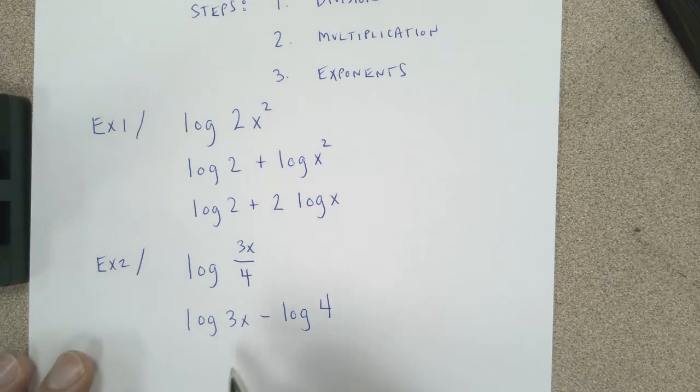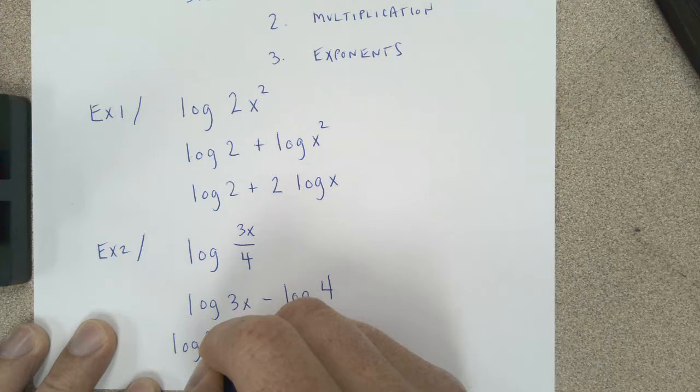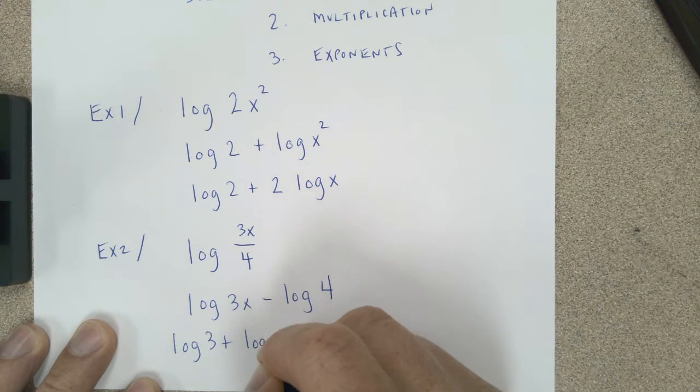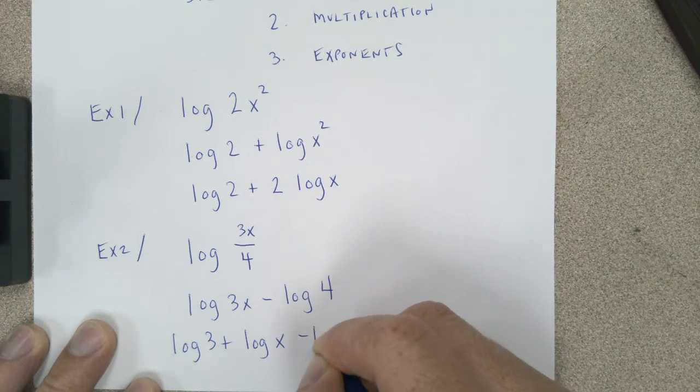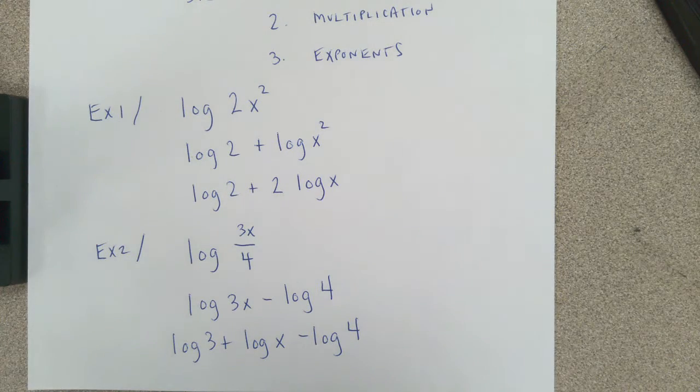Notice in the first one we still have multiplication, so we'd say this is the log of 3 plus the log of x minus the log of 4. And again, we've expanded, so we do the division, that makes a minus sign, and then we expand using the product property in the second step.